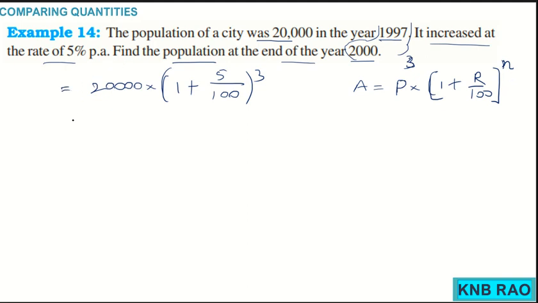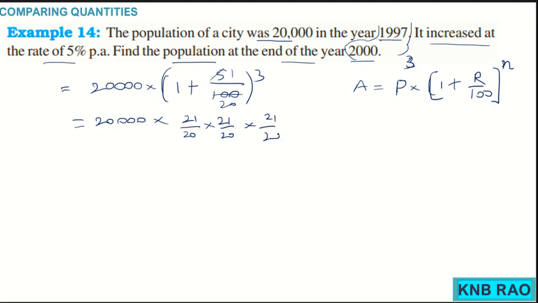So you know how to solve this. 20,000 into here, if I cancel, it becomes 1 by 20. So 21 by 20 multiplied by itself 3 times.